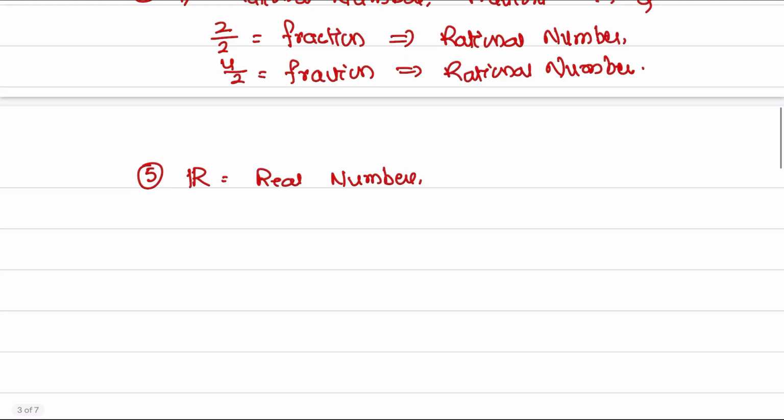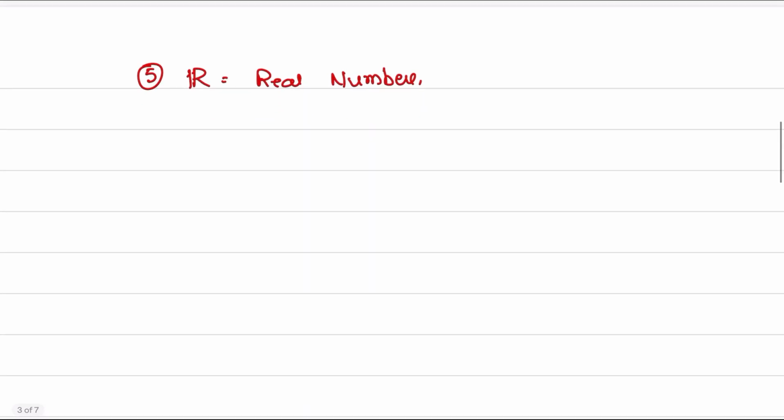For example, before this I will go for some 4a, let me call it irrational numbers. They don't have a symbol. Irrational numbers means they cannot be expressed as a fraction, and they cannot be expressed as whole numbers or integers, and they have a value like pi.